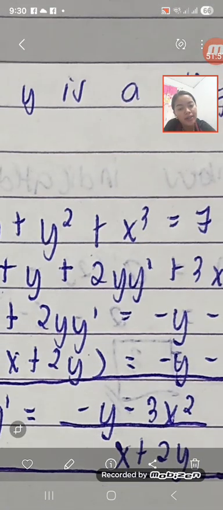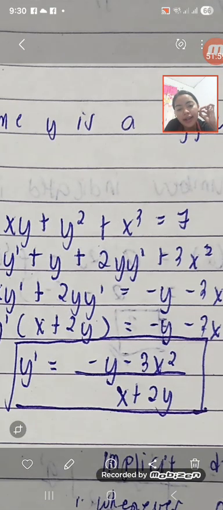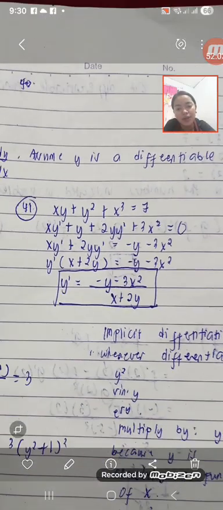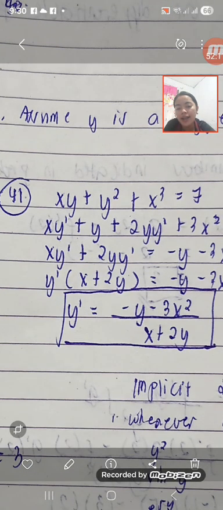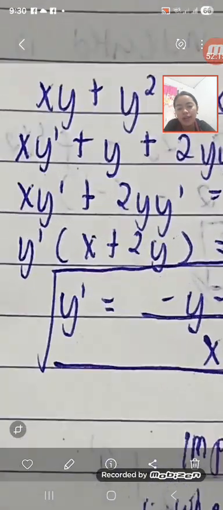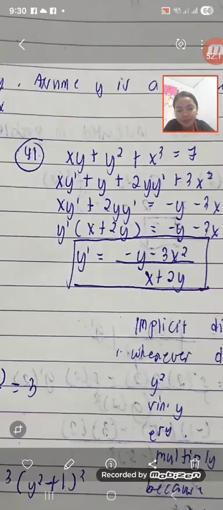And this one, bring down the 2y multiplied by y prime, plus 3x squared plus 0. So after differentiating each term, you just need to combine like terms. And after combining like terms, you just need to get the y prime outside and make this your numerator and this your denominator.